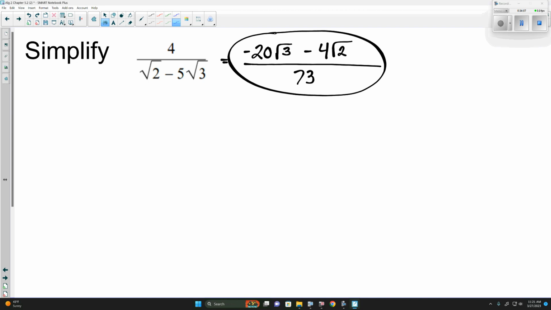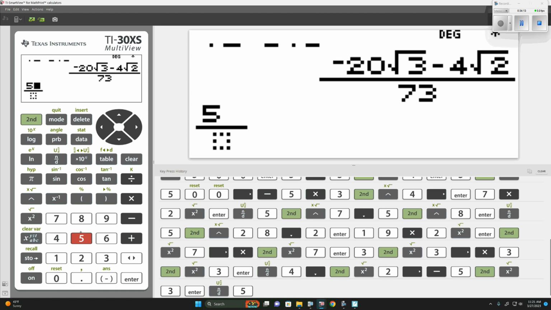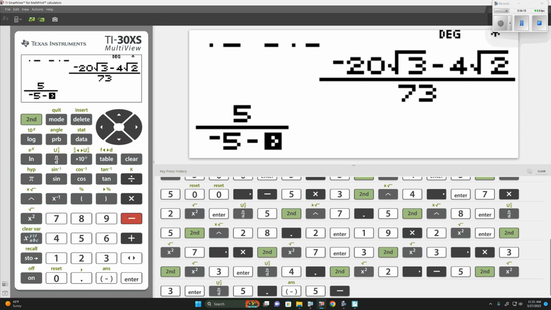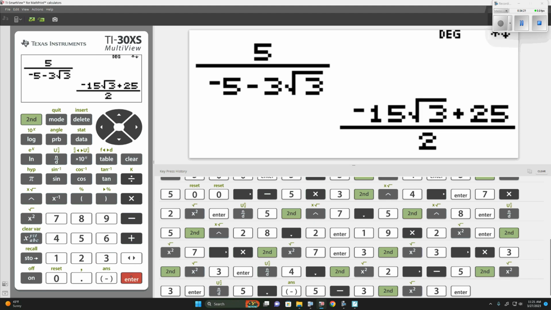So if we looked at the last one we just did, 5 over negative 5 minus 3 square root of 3, we got negative 15 square root of 3 plus 25 over 2. We got the same thing, except we had 25 minus 15 square root of 3.